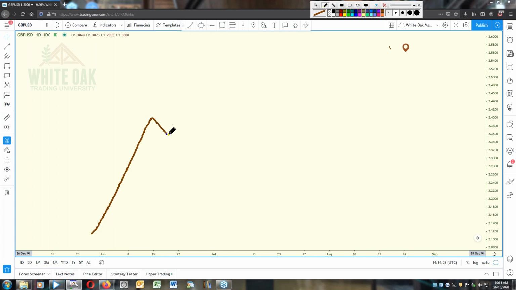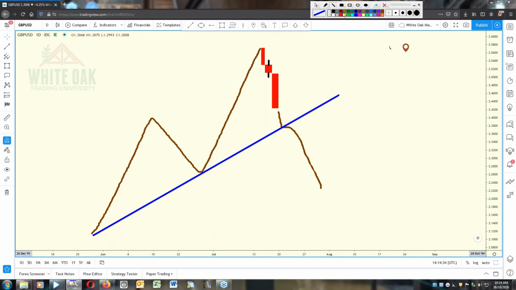If price is going up and creates a supply, okay, if price is going up here and it contacts something, a monthly bearish engulf, a 3-month supply, a weekly supply, whatever, it contacts something and it reverses. Let's say at this point, when it was coming up here, it was in an uptrend.